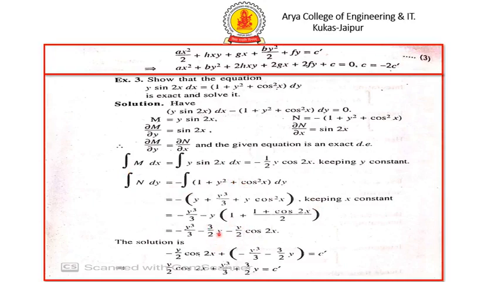Here we see that the common term in integral M dx and integral of N dy is minus 1 by 2 y cos 2x. So in taking v, we cannot take the term minus y by 2 cos 2x. Integral of M dx is said to be u, and integral of N dy, which does not contain the term minus y by 2 cos 2x, is v. The complete solution is given by u plus v equals constant.